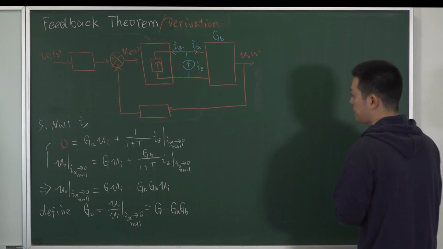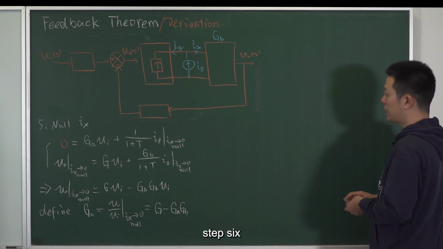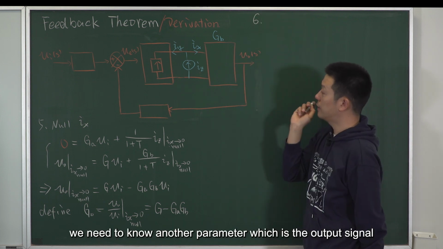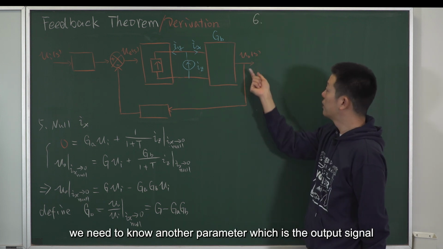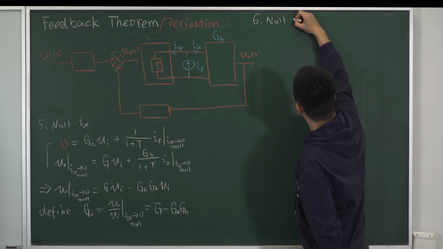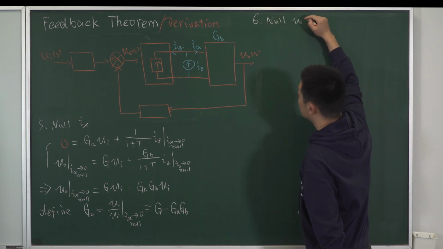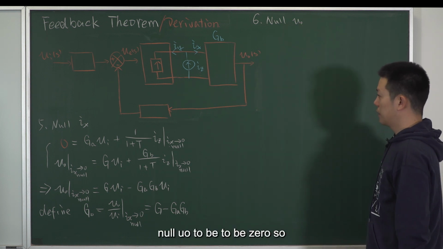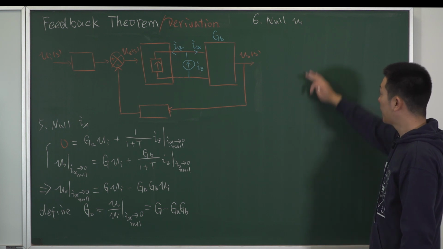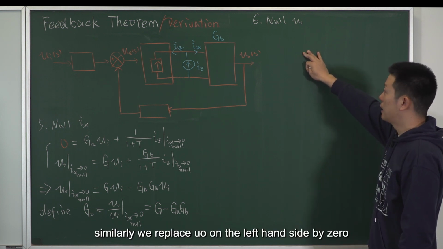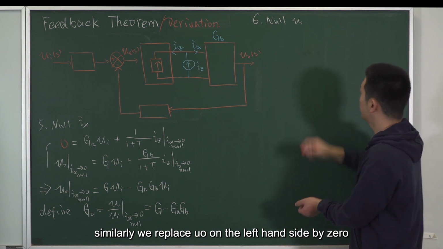Okay. Then step 6, we need to know another parameter, which is the output signal. Now U0 is 0. Similarly, we replace U0 on the left-hand side by 0.